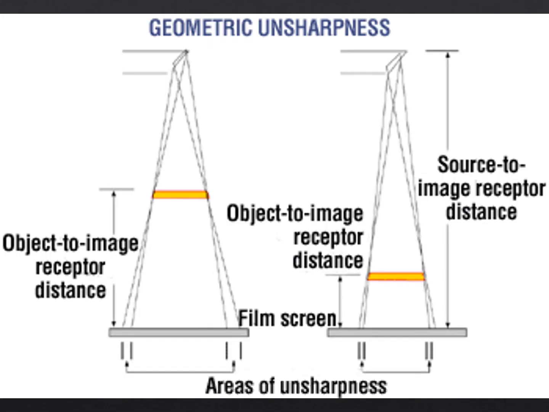So same picture as before. We have our object to image distance now is different. So we've left our SID the same. So when we have a greater object to image distance, we're going to have greater areas of unsharpness. When we have less OID, we have smaller areas of unsharpness or less penumbra.